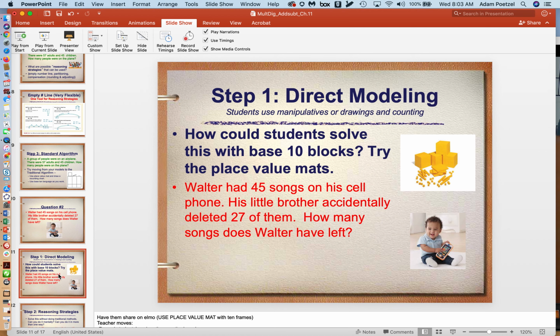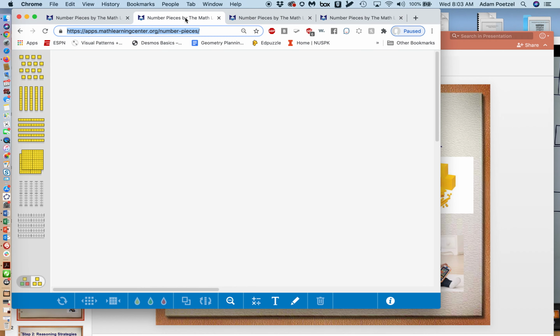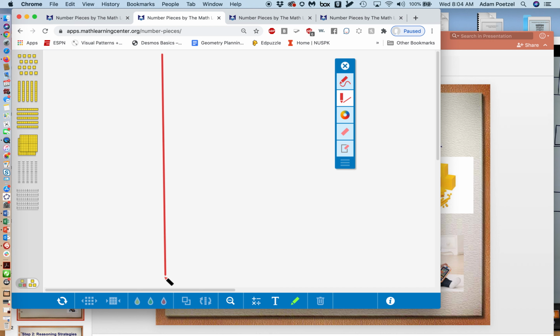So let's think about this and go back to direct modeling for a second and think about doing this with subtraction. So I'm going to go back to our base 10 blocks for the first step of direct modeling. And let's take a look. So here we go. And if I want, again, just as I did earlier, I could draw back in those place value columns very quickly.